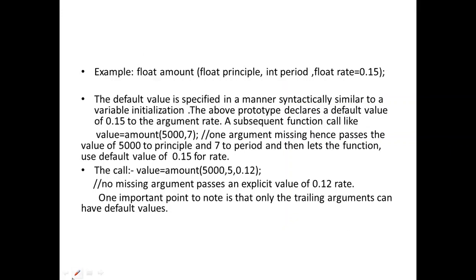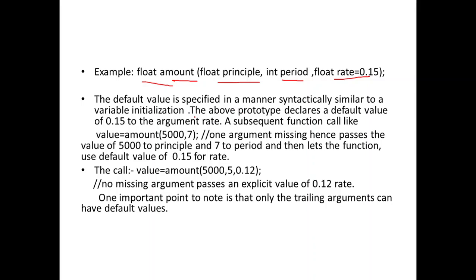Here we have float amount, where float is the function return type and the function name is amount, with three arguments: float principal, int period, and float rate equal to 0.15. Here the rate is set by default as 0.15.